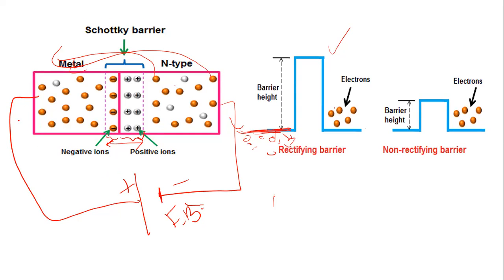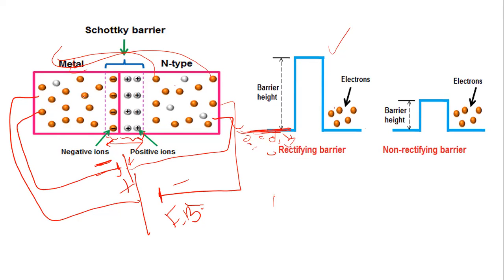Now, when you reverse bias, that is when you put the negative terminal of the battery to the metal and the positive terminal to the N side, the electrons in the metal side of the junction are now supplied negative potential.